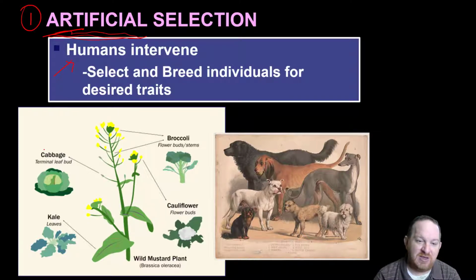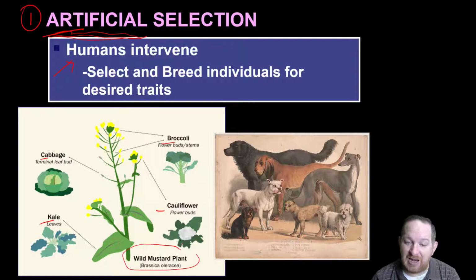If you think about some of the food we eat: cabbage, kale, well, I don't eat these foods, maybe you do. Broccoli, cauliflower. These are actually all from the same family, the wild mustard plant, Brassica.